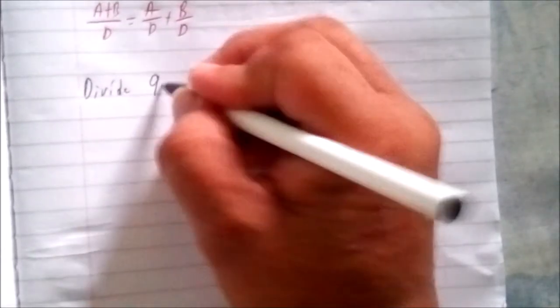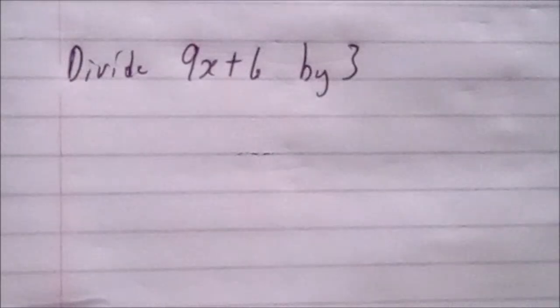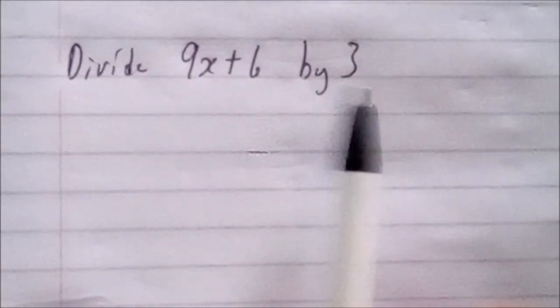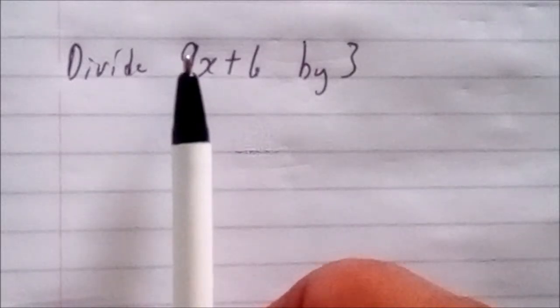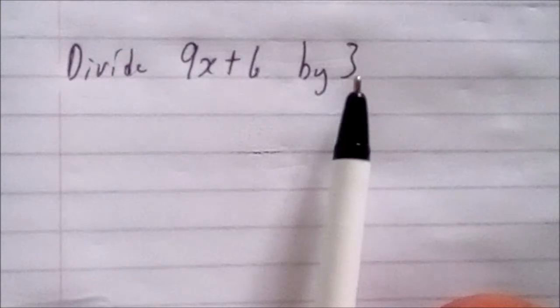So if I tell you now, divide 9x plus 6 by 3, you need to be able to set up the problem very well. First, understand who's being divided by what, and what goes at the top and what goes at the bottom. 9x plus 6 is the numerator and 3 is the denominator.